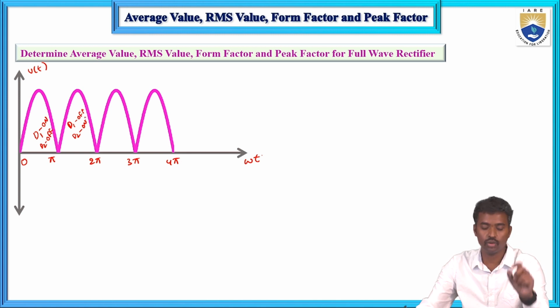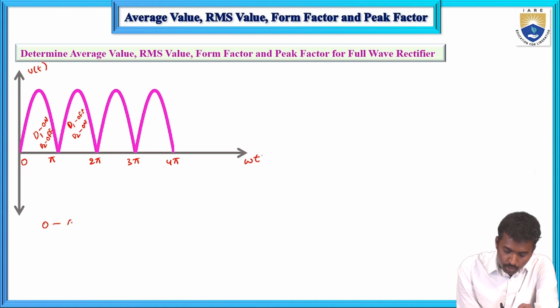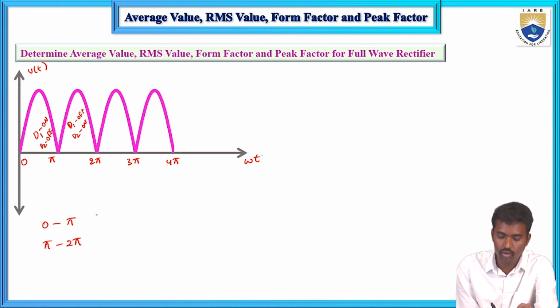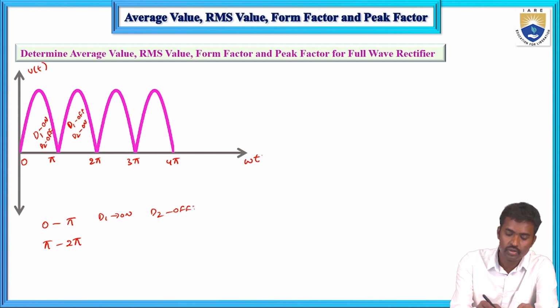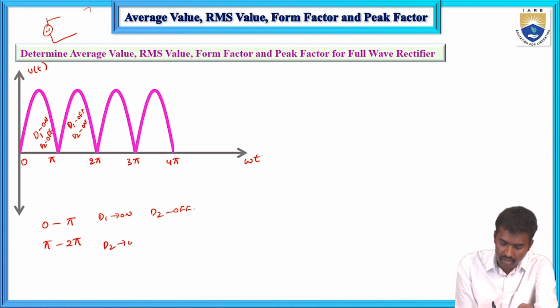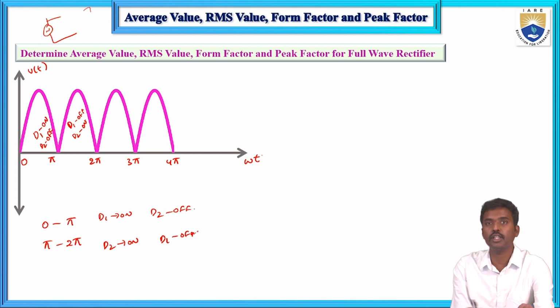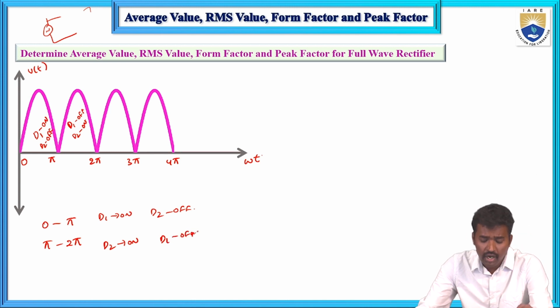So in the first 0 to pi and pi to 2 pi, in this duration, D1 conducts, D1 is on and D2 is off. So this is the sine wave and 2 diodes, and next output, D2 is on and D1 is off. Here on condition means forward bias condition and off condition means reverse bias condition.